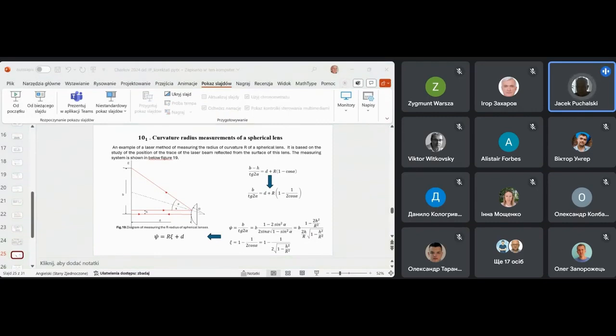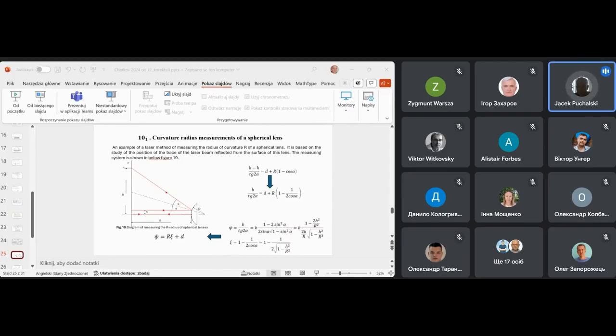At this point we have a simple measurement of the curved surface.